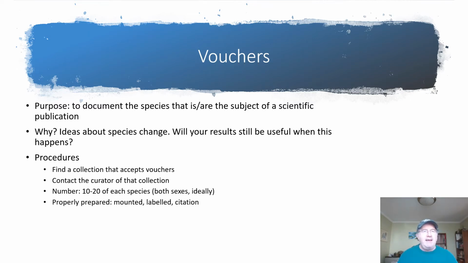I don't think any of you are directly involved in taxonomic research in your graduate career, and probably won't be in your professional career going forward. But you're working on some aspect of the biology of an organism.